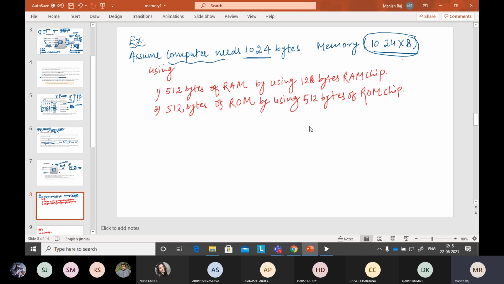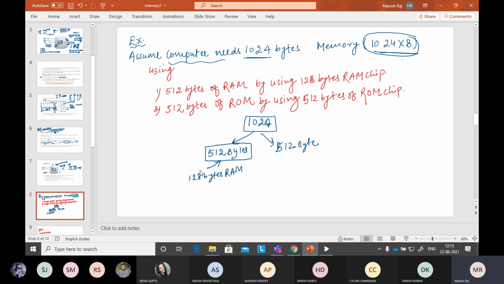In the question it is given that you can divide this 1024 into two parts, 512 and 512 bytes, and it says you can use 128 bytes RAM chip for making this type of memory.